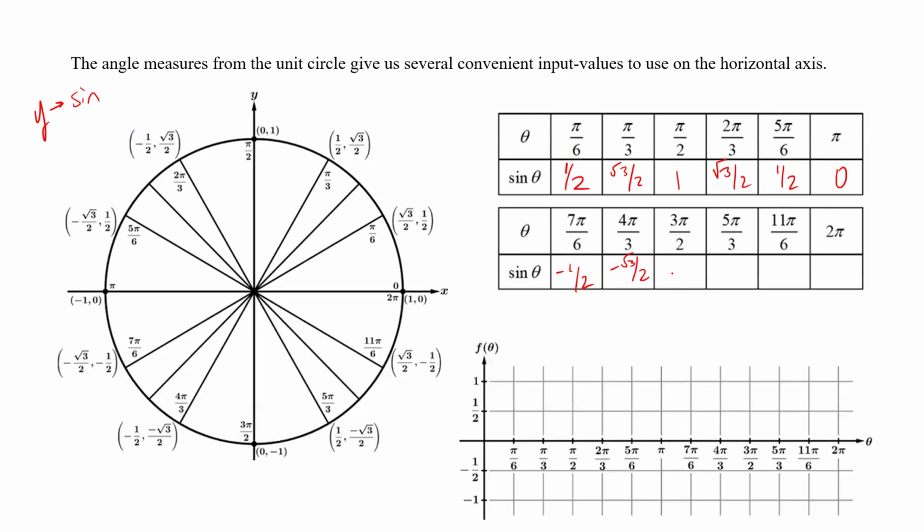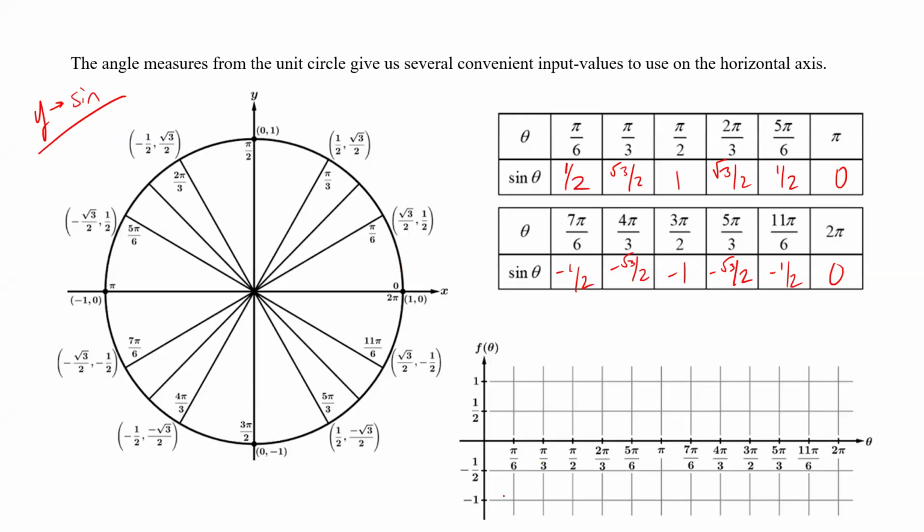Sine of 3 pi over 2? Sine of 5 pi over 3? Sine of 11 pi over 6? And sine of 2 pi. 0. Okay, so again, all I did was go around the unit circle and identify the sines, correct?